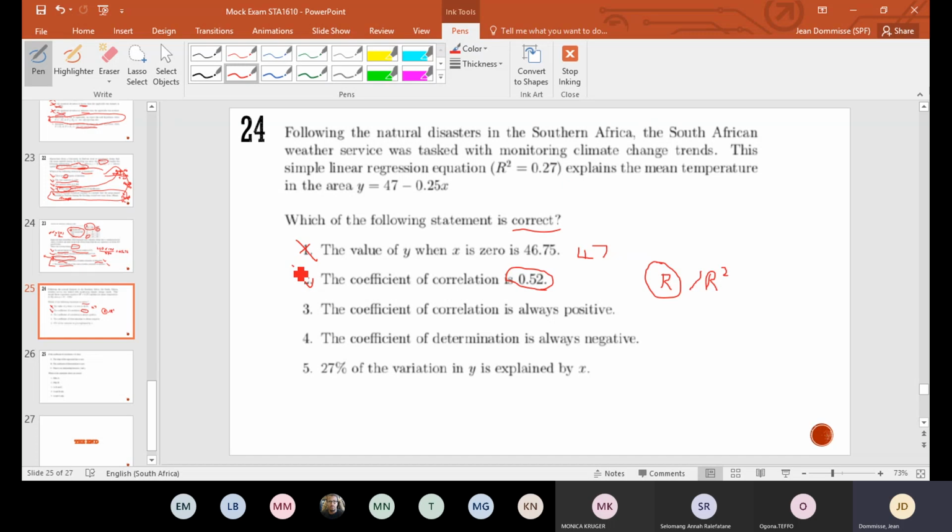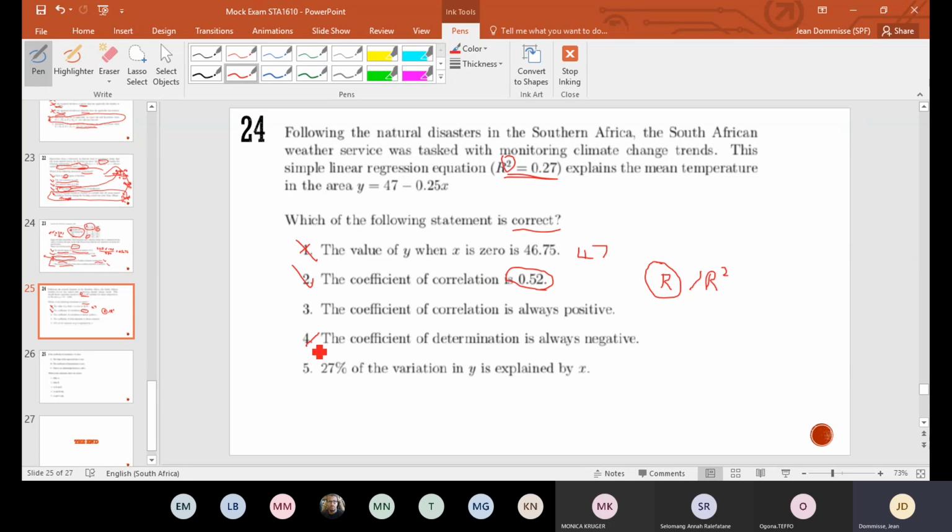You need to know which one is the coefficient of correlation, and the R squared is the coefficient of determination. Coefficient of determination is always negative? No way, it's always positive because you have the square.